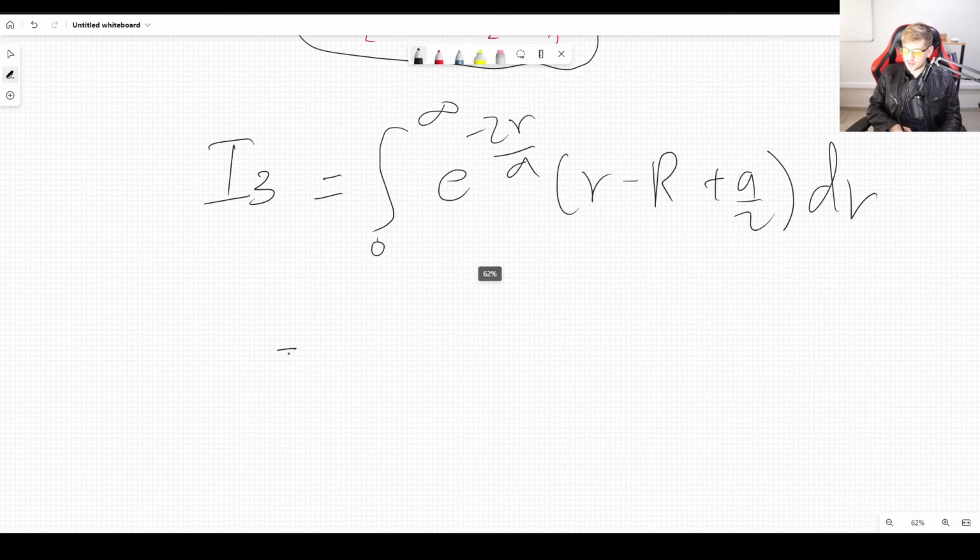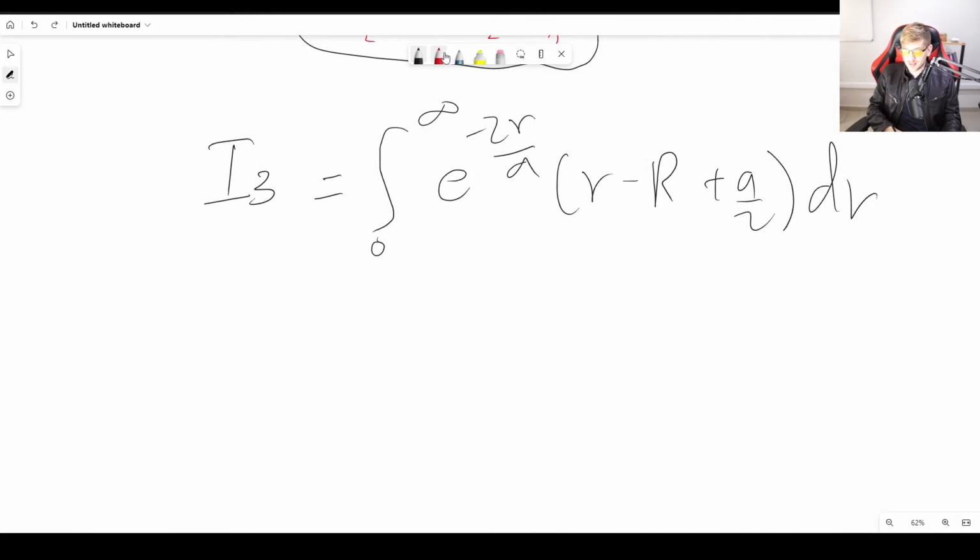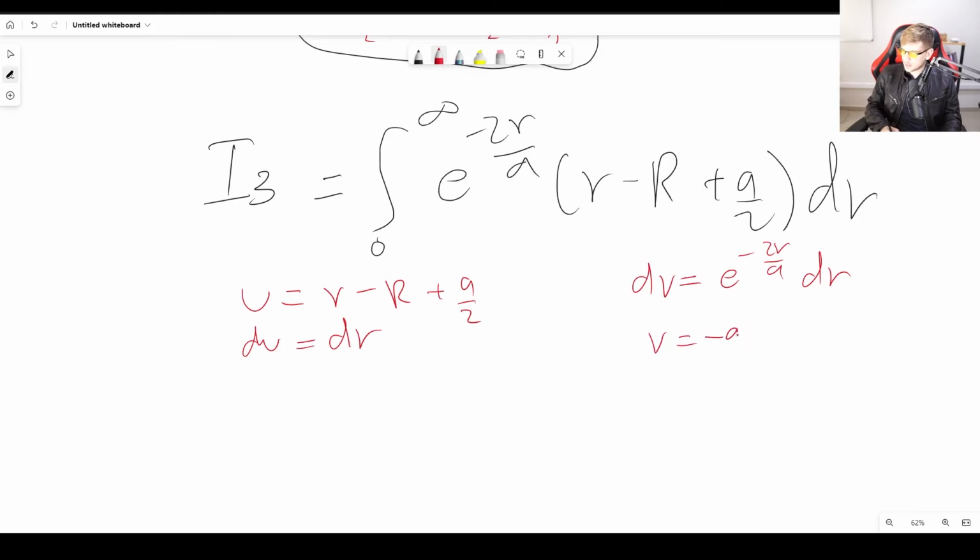Okay, so now again, integration by parts. u will be r minus big R plus a over 2, du will be dr, dv will be e to the minus 2r over a dr, and v will be minus a over 2 e to the minus 2r over a.